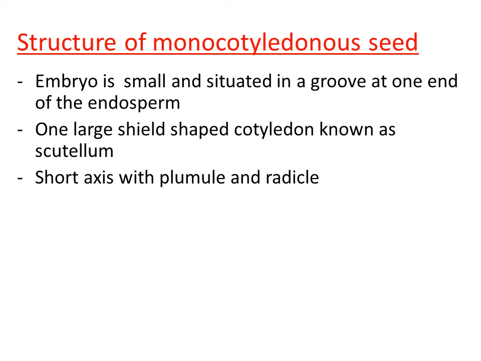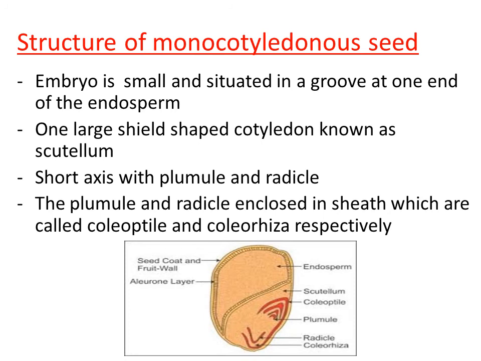These two ends of the embryonal axis lead to the formation of the shoot system in the aerial region and the root system towards the soil. Clear? One more very important thing to understand is that the plumule and radicle in the monocot seed are enclosed in a sheath.